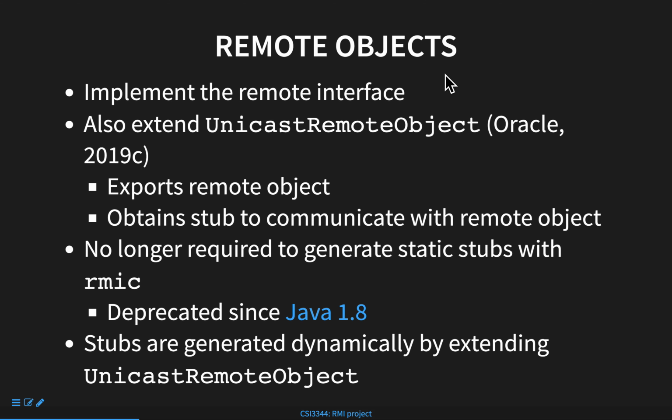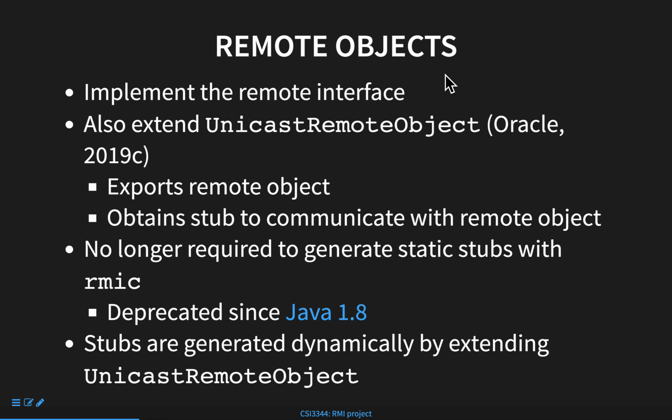And remote objects. They must implement the remote interface. They must also extend UnicastRemoteObject. This abstract class is responsible for exporting the remote object, and it obtains the stubs to communicate with the remote object.